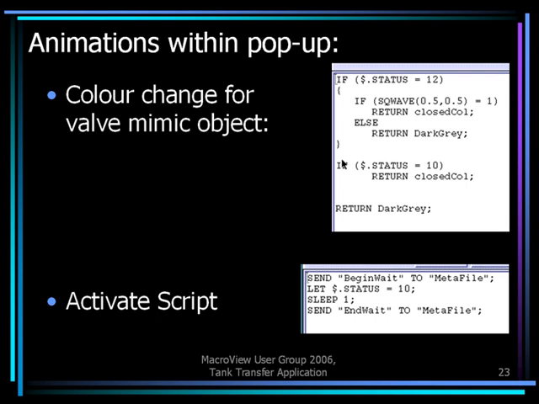So that's what the top bit of code does there. It says if you're in a status number 12 of that entity, you'll be flashing it in the closed colour. Once the status is 10, that's been reconfirmed to the correct position, so we'll just return it solid in the closed colour. And then the activate script behind the confirm button simply sets the status to a 10. So it reads the status as a 12, and when you press the button it resets the status to a 10.